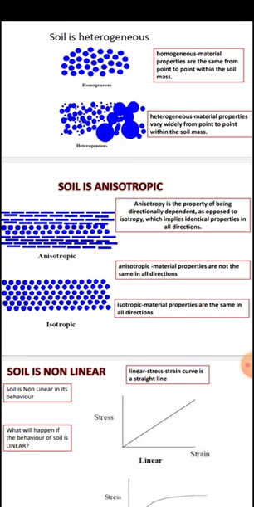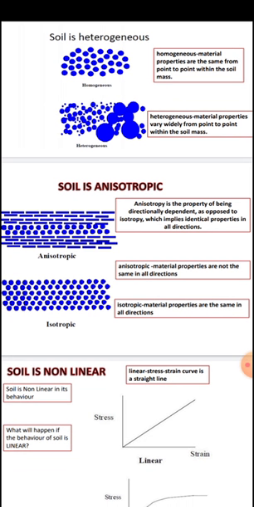Then we have another term, anisotropic. What is anisotropy? It's the property of being directionally dependent. If the properties of a soil particle vary from one place to the other, it will be declared as anisotropic.